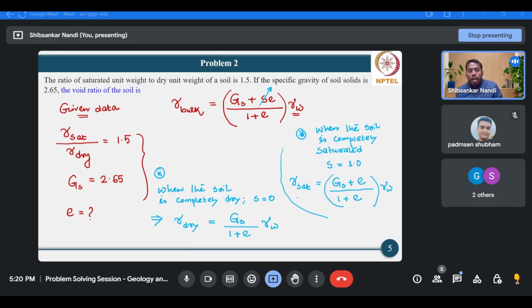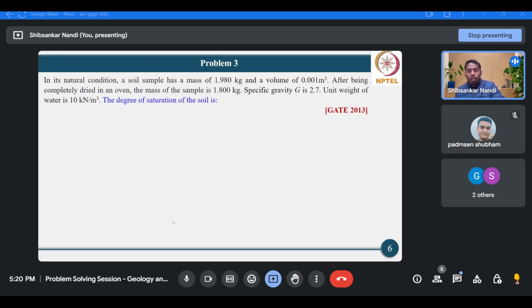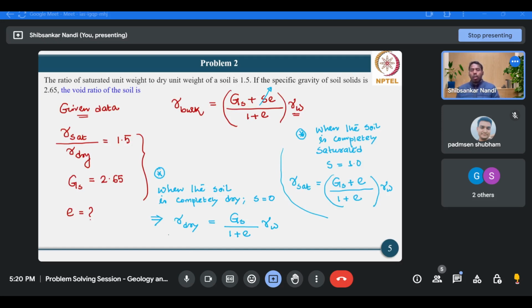So you have got gamma sat, you have got gamma dry. Now it becomes very simple. What you have to do is substitute these values here. Let me add one slide here.